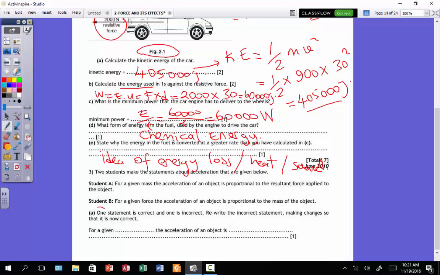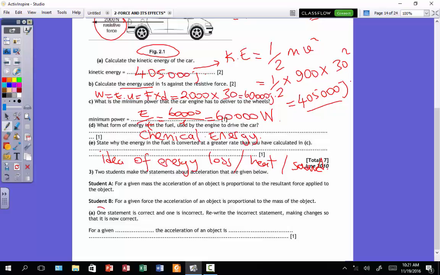Look at student A, and we should know what is the relation between force and mass and acceleration. If we want to solve these questions, we have to know that.